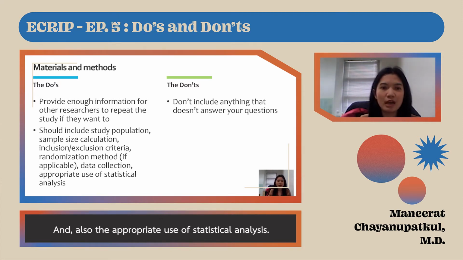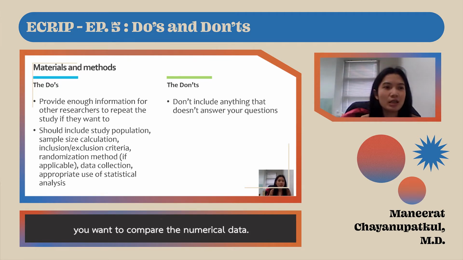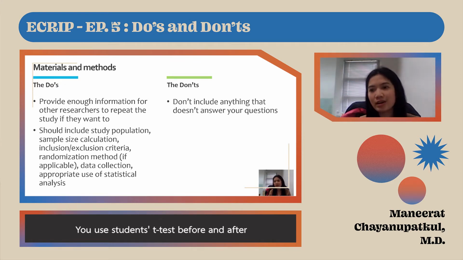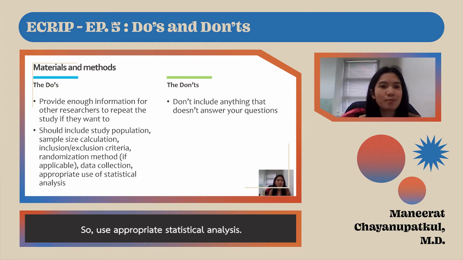And also the appropriate use of statistical analysis, which you have to detail. For example, if you want to compare numerical data, you use the Student t-test; before and after, you use the paired t-test; for categorical variables, you use this and that. So use appropriate statistical analysis and put that in your methods as well.